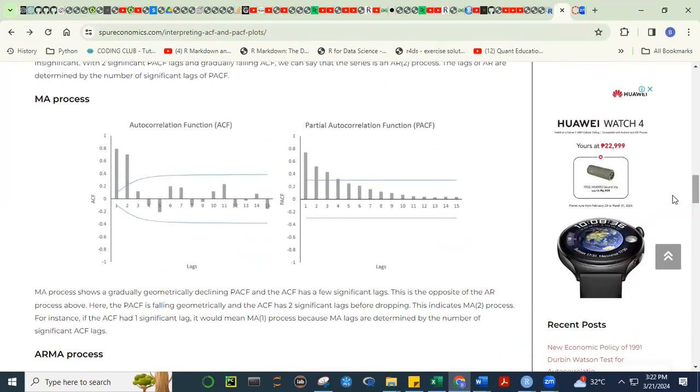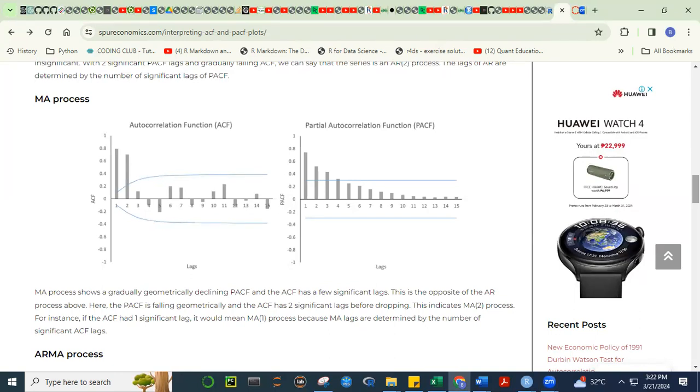On the other hand, for an MA process, look, class, it's the opposite. If your PACF shows a geometrically declining pattern and your ACF has significant spikes and then cuts off after just a few lags, then this is a candidate for an MA process.